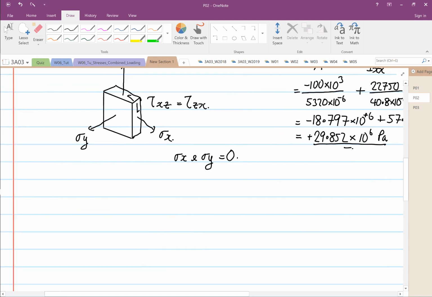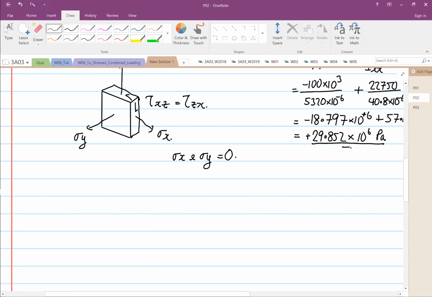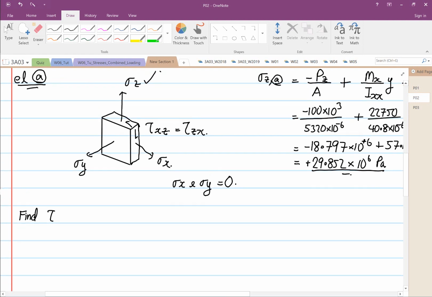So now we are going to find the shear. We're going to find the shear on the ZX direction, induced or generated by Vx.